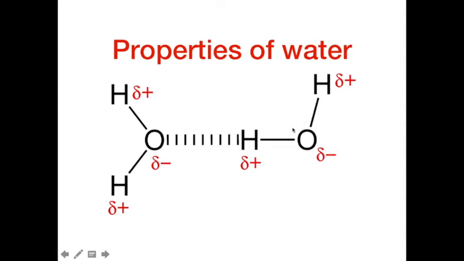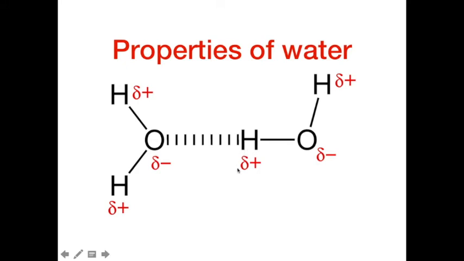Okay. Now, what happens if we have a bottle of water? The molecules of water will be kept together. Why? Because there are these little dots. What are they? It's another type of bond, which is created between hydrogen atoms and oxygen atoms of adjacent molecules because of the delta plus and the delta minus.